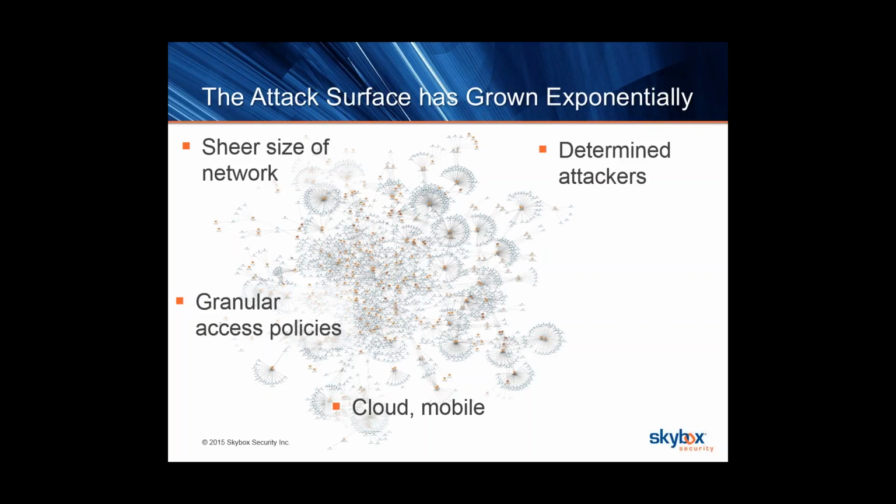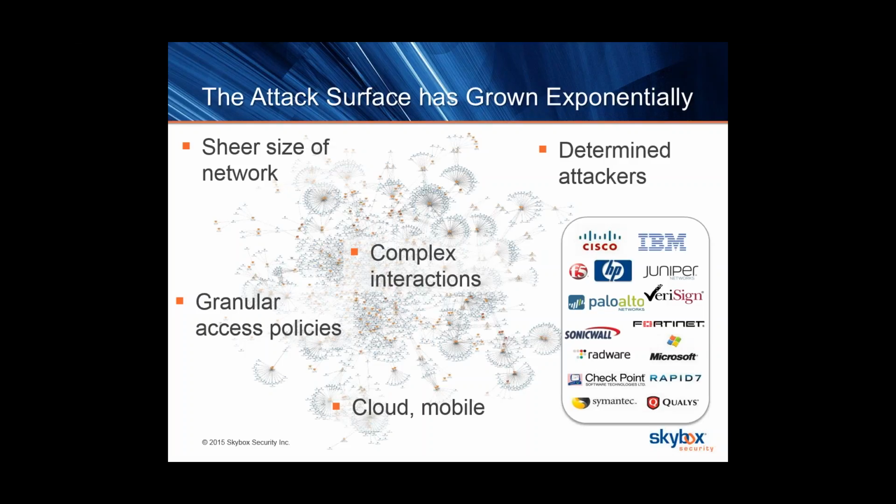And of course, determined attackers who see financial benefit for attacking those corporate resources. And finally, complex interactions from a lot of the tools that companies have put in place to try to address this problem. That complexity itself, the interaction between different devices that they depend on, is hard to understand, and it's hard to get a sense for how this affects the attack surface of the organization.